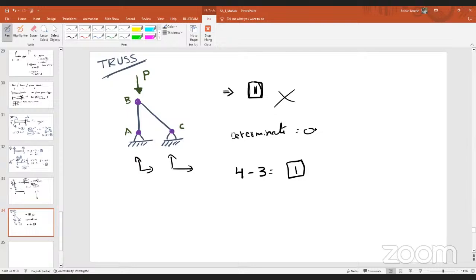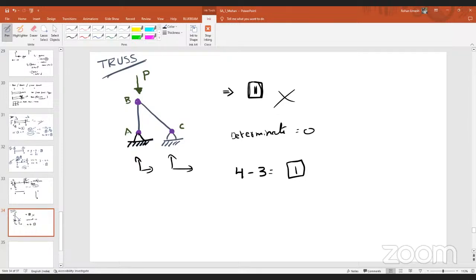Sir, in this case, the BC member is carrying 0 force, or the AB member, any one member is carrying 0 forces. Only vertical reaction is taken, sir. Yeah, the point is here. See, at support A, reactions will develop.